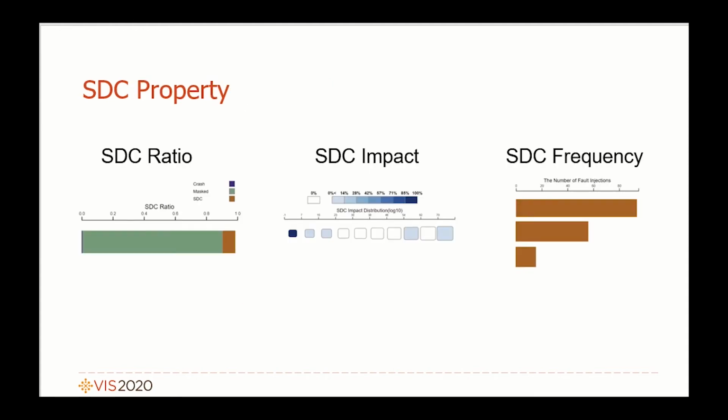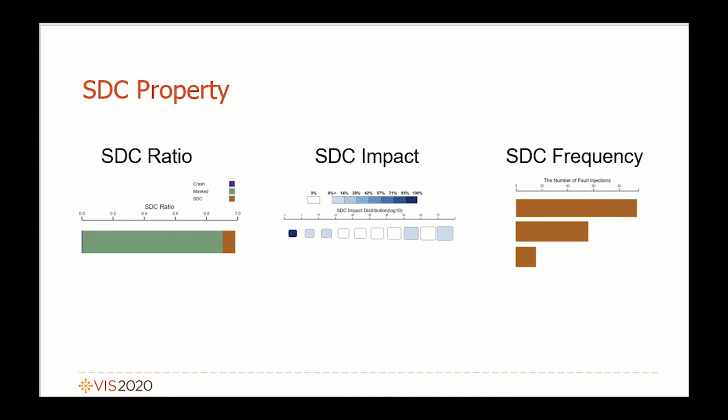In this study, we use three different metrics: SDC ratio, SDC impact, and SDC frequency to quantify a program component's vulnerability. SDC ratio tells how likely it is that an error in a component will lead to an SDC outcome, and SDC impact shows how bad an SDC event will make the error in a computation's final output.